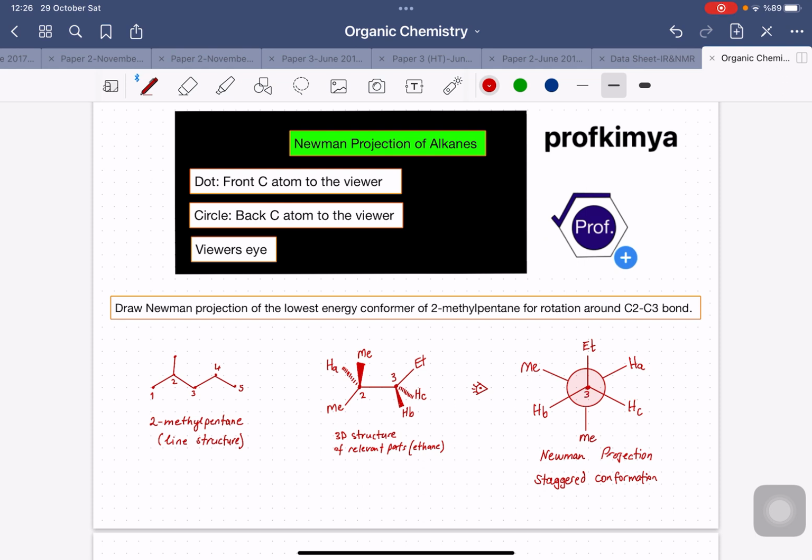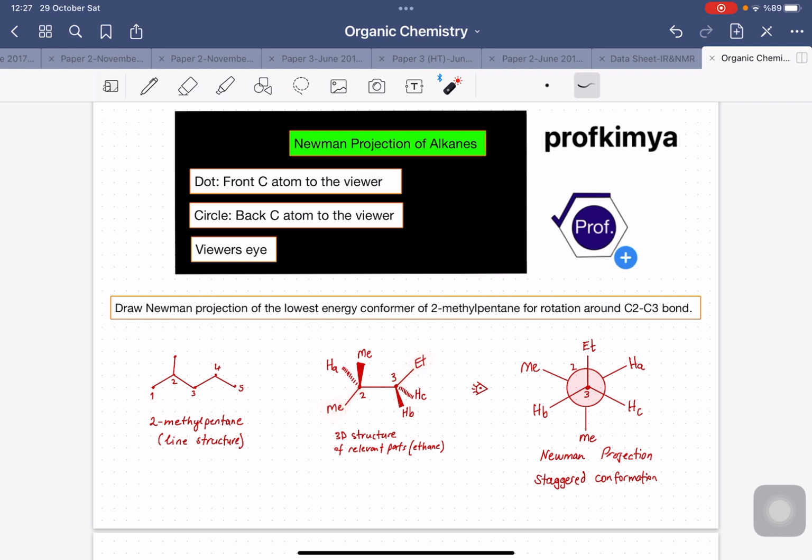This is number 3, this is number 2 carbon. Ethyl group on the number 3 carbon is antiposition to the methyl group on the 2 carbon atom. You can see this as well from this 3D structure.